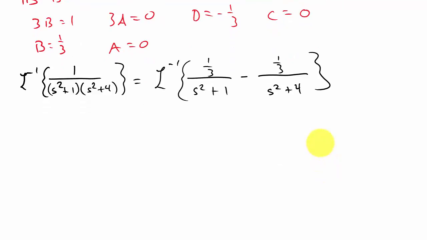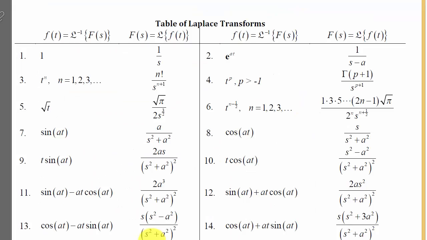Alright, so now let's see what we have now. Let's look at our table again. I've got s squared plus 1 and s squared plus 4 in the denominator. So you can see here s squared plus a squared. So this is going to be number 7.